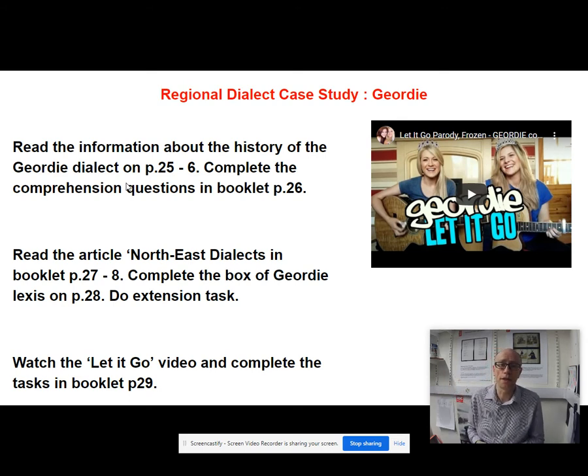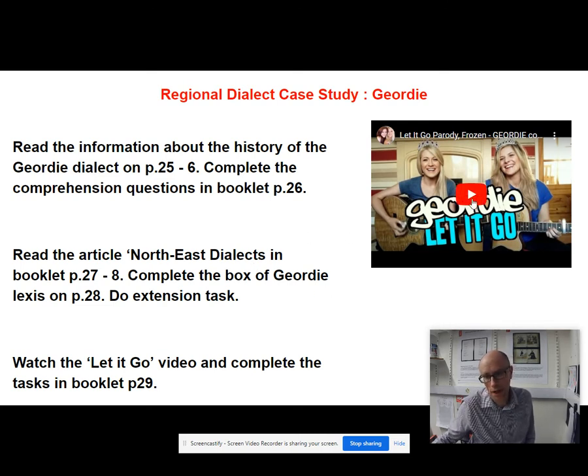So the end result of all of this is a very strong sense of cultural identity, that people in the northeast invest quite a lot in the sound of their language, and they feel it's a really important part of their identity. And basically what they've tried to do through history is kind of resist centralizing tendencies. And you hear this in words like gan, for example, as an alternative to go, or the use of the word bairn instead of child.